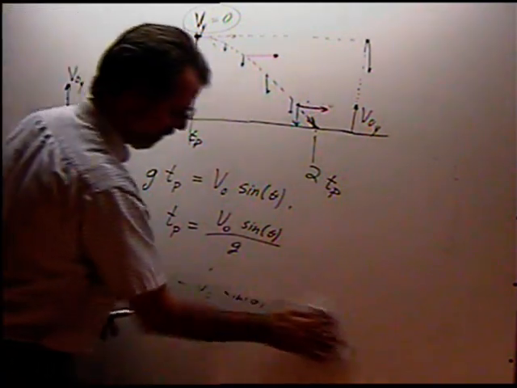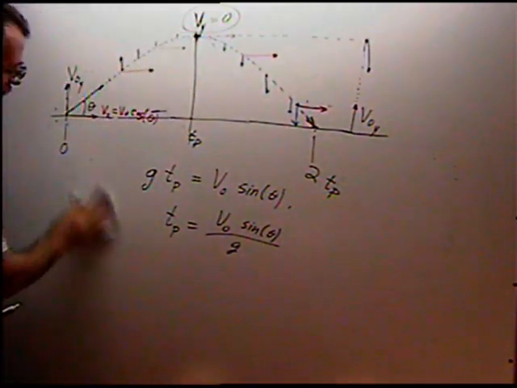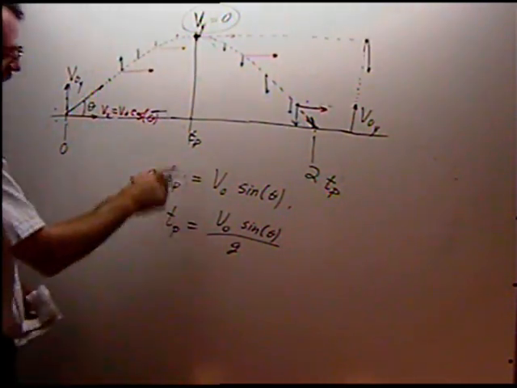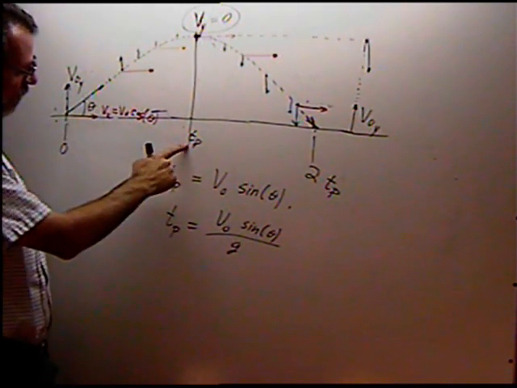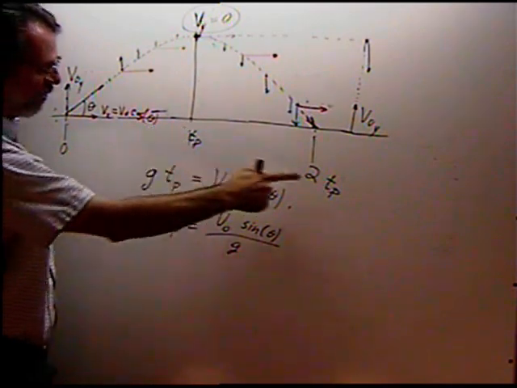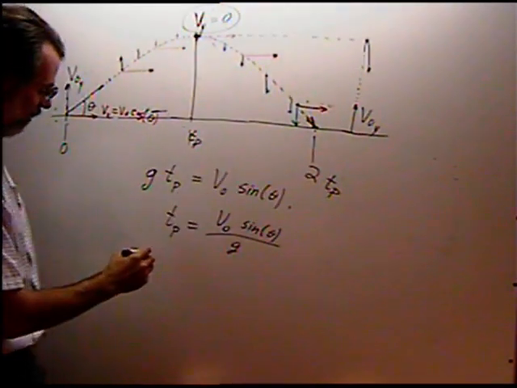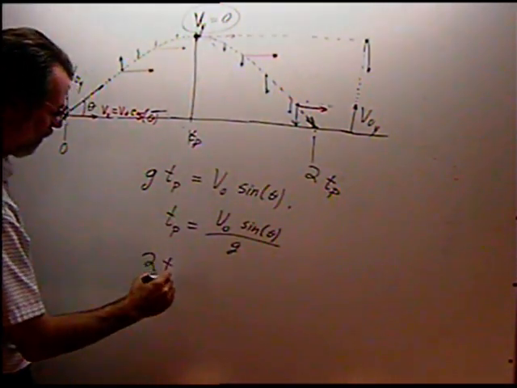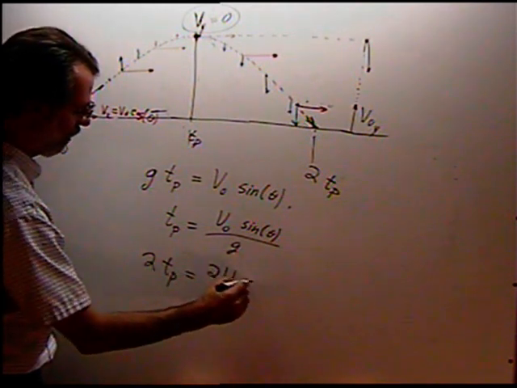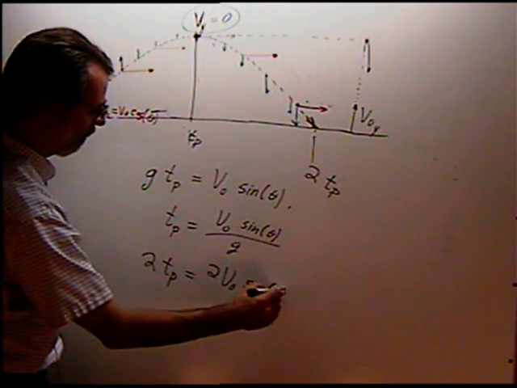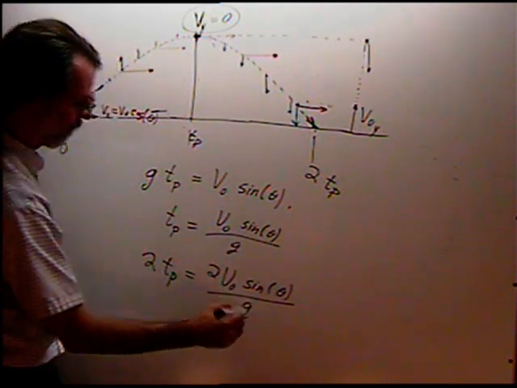Okay, so it turns out we can solve for the time to the peak quite easily. So if that's time to peak, then twice that is simply 2 times the initial velocity times sine of theta divided by g.